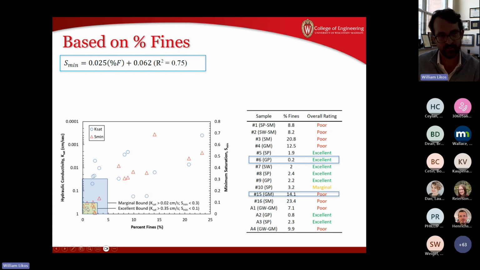And so anything falling in that yellow square down there has a relatively high hydraulic conductivity, relatively low minimum saturation. Those would be classified as excellent draining materials. Anything in the blue box would be marginal, and anything out in the white portion would be classified as a poorly draining material. So again, if you compare those two that we were looking at before, number 6 and number 15, we've got consistent ratings using percent fines alone.